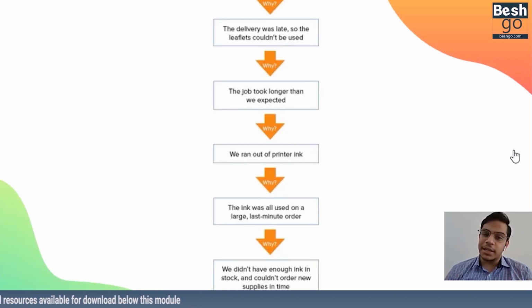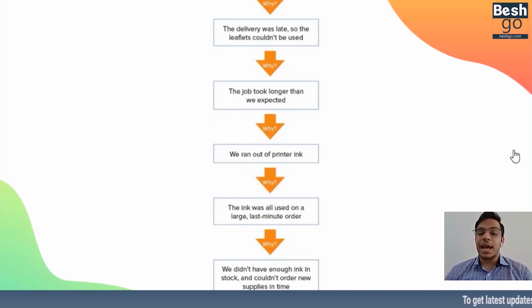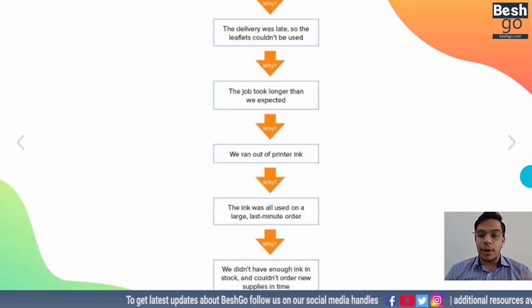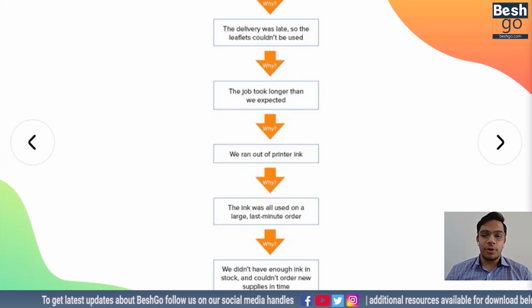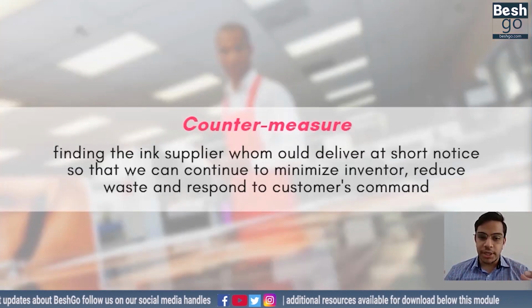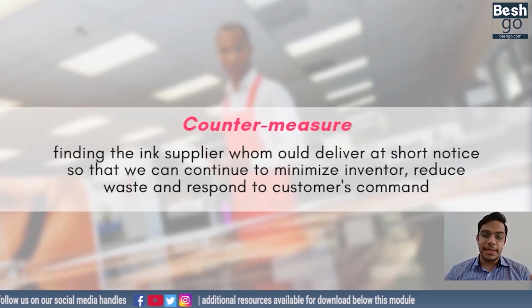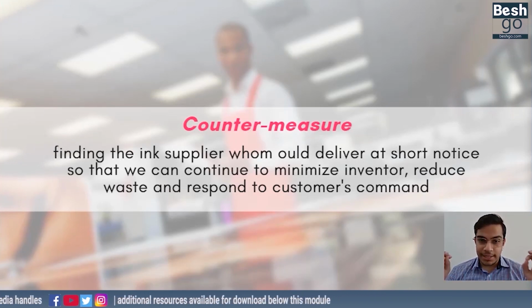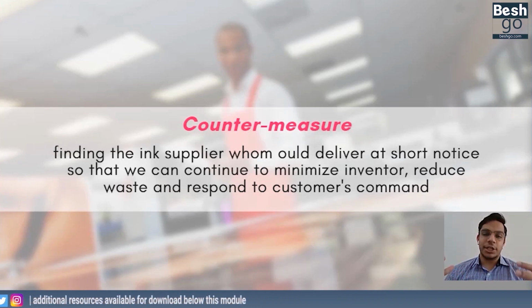Once they reached the rock bottom of the problem as to why they were not receiving the payment from the client, they got an understanding that their stock was exhausted, because of which they could not complete the order. So the countermeasure that needed to be taken was finding an ink supplier who would deliver at short notice.